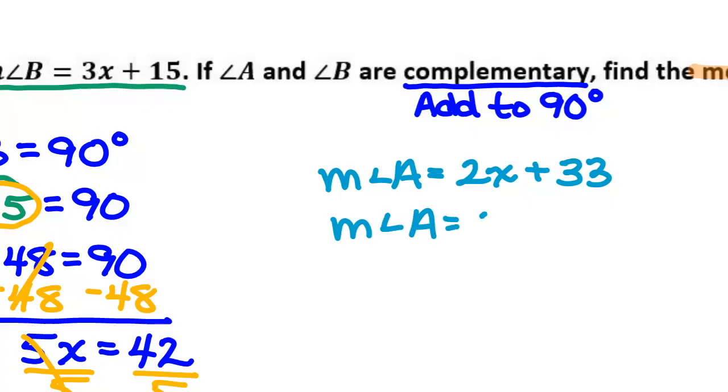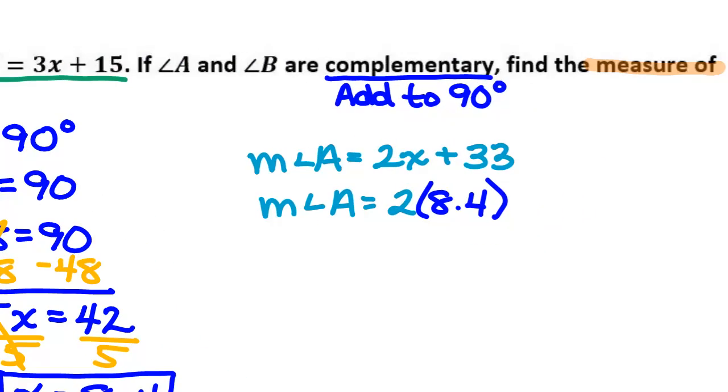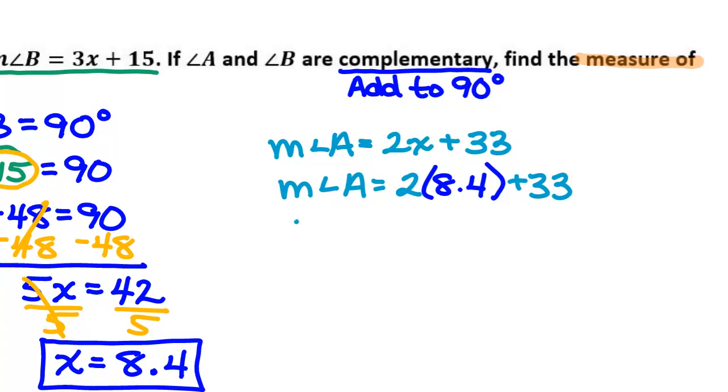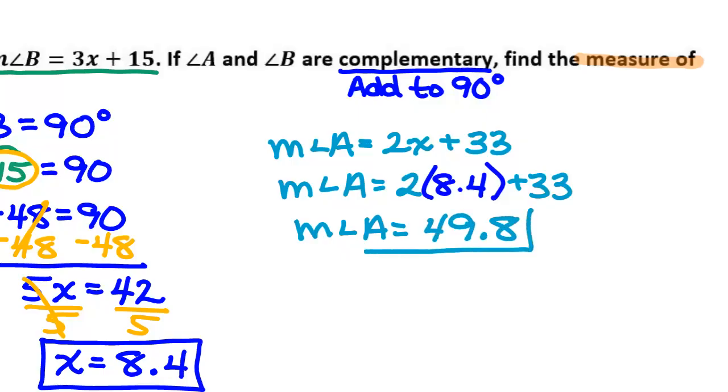So the measure of angle A is equal to 2 times 8.4 plus 33. What is 2 times 8.4 plus 33? 49.8.